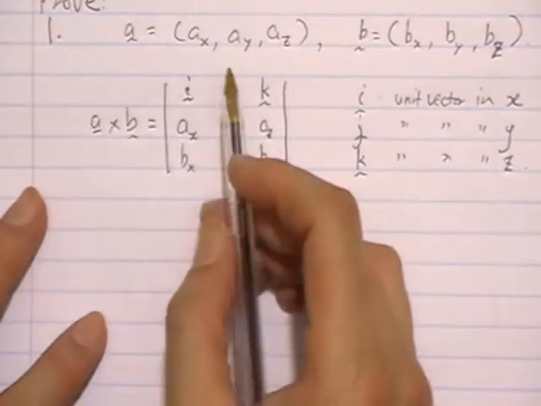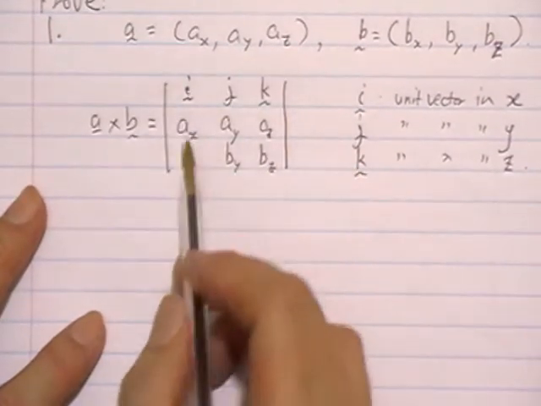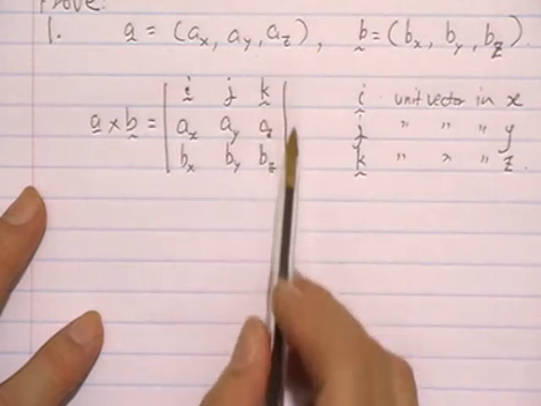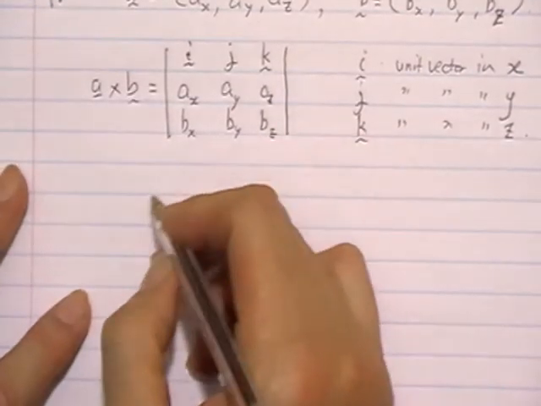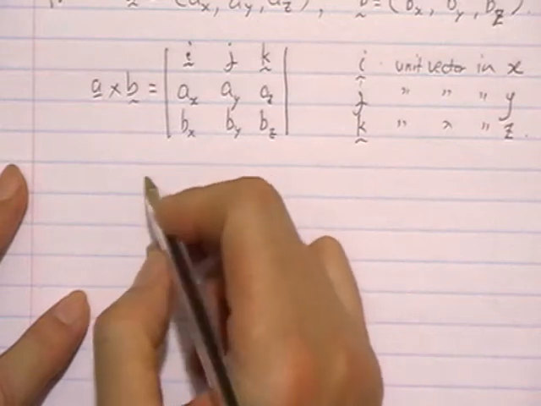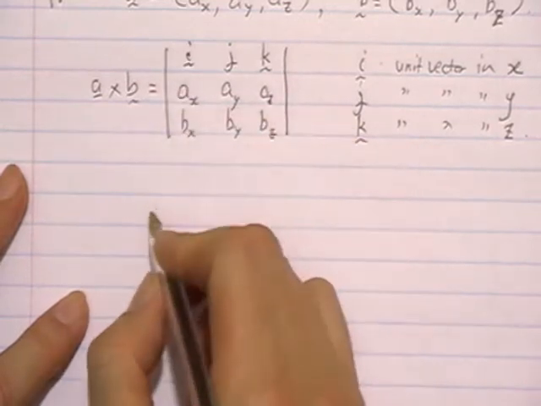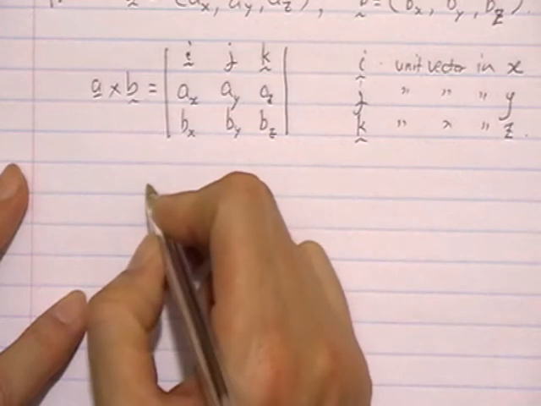And if you have not seen this symbol, these two long vertical lines before, that's alright. I'm just going to write out what this means right now.